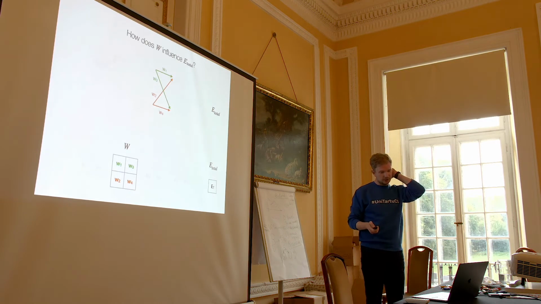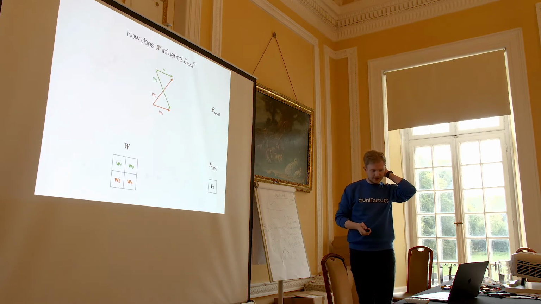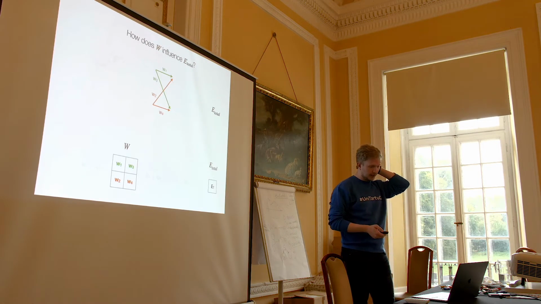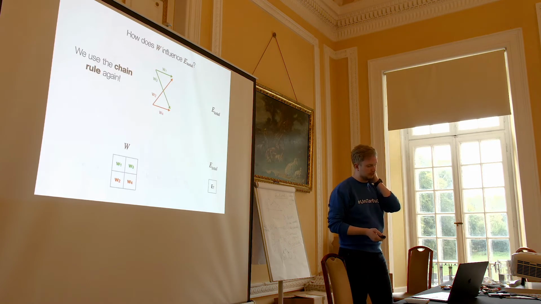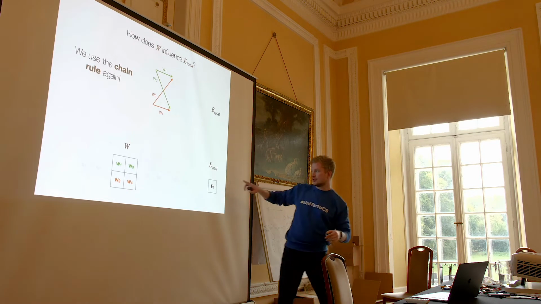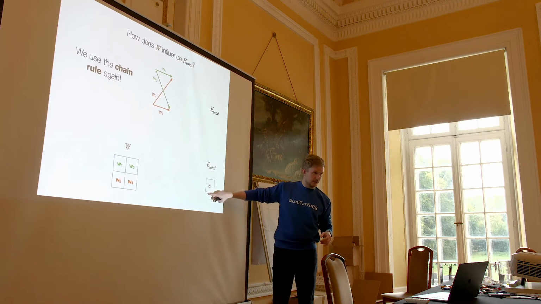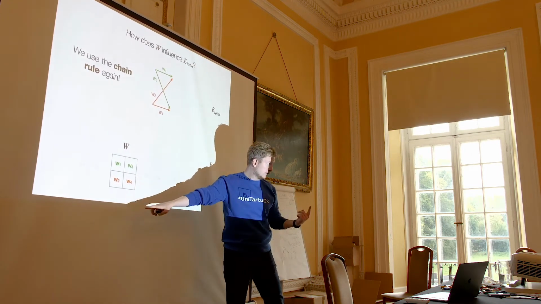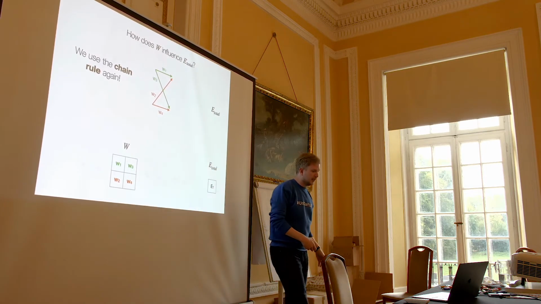So basically what we want to know is how W influences the total error, right? We have to use the chain rule again here. We try to understand how this value is influenced by all of these values. Not one, not two, but all of them.